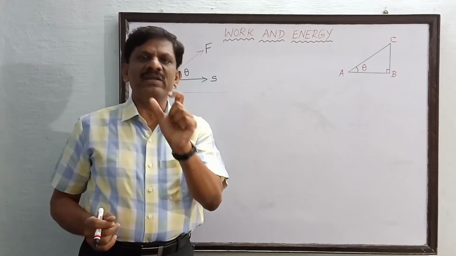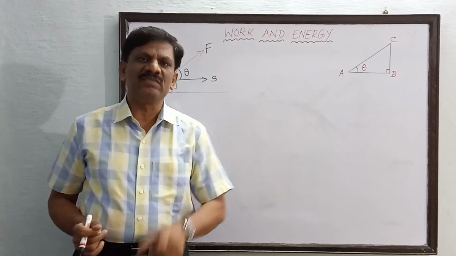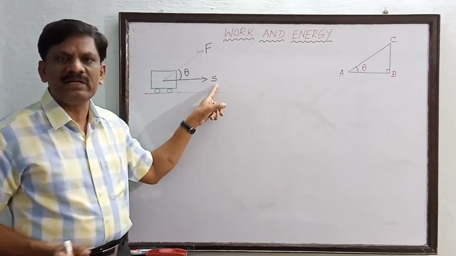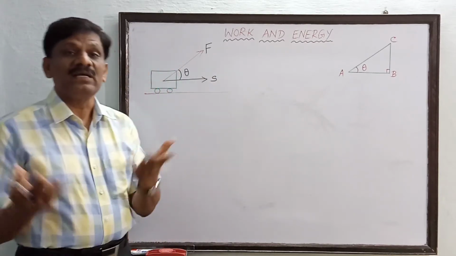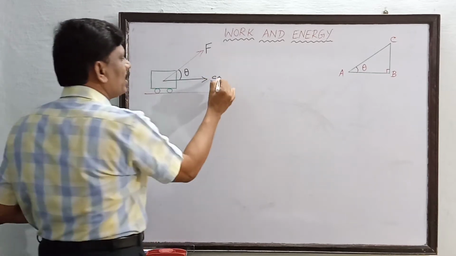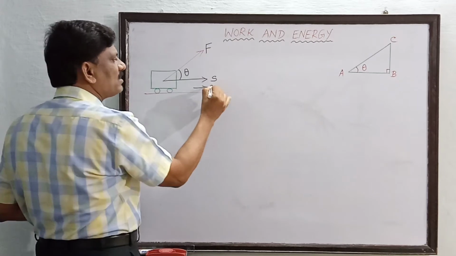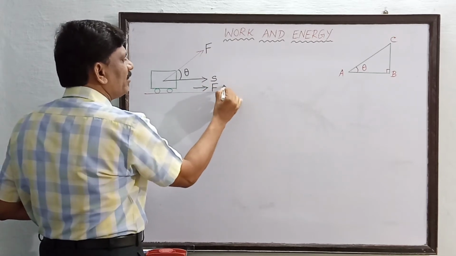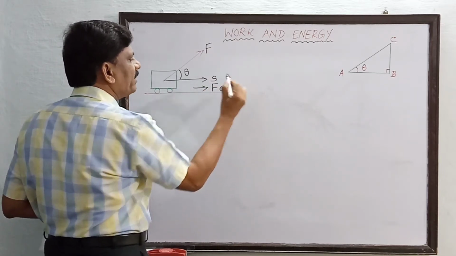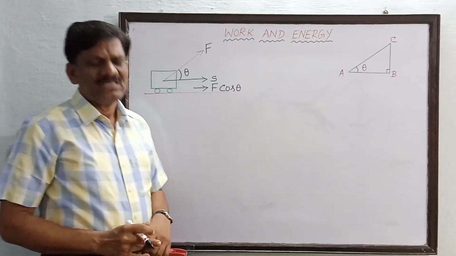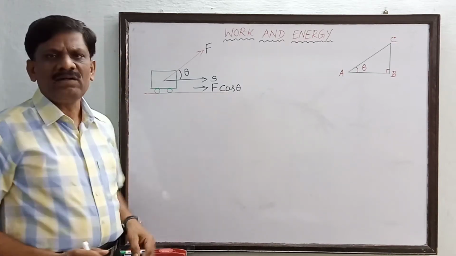A portion or a part of this force F is going to act along the direction of this displacement. That is nothing but F into cos of theta. So along this direction, the portion of this force that acts is F into cos of this angle theta. So what is meant by cos of theta?